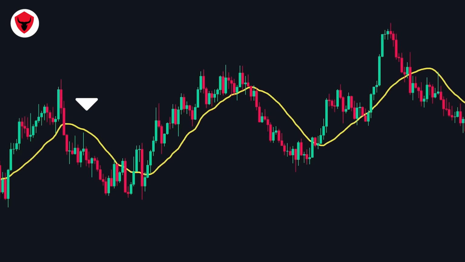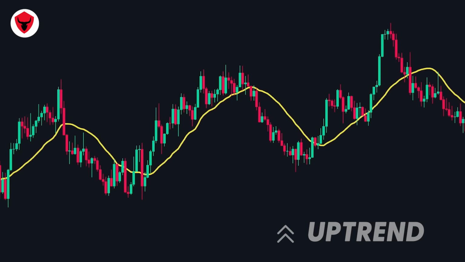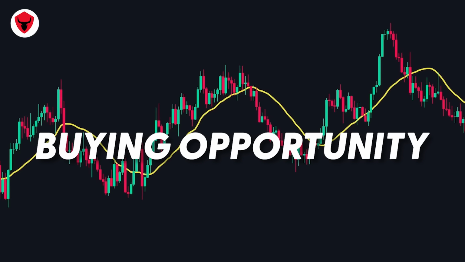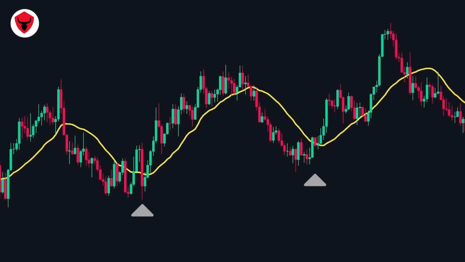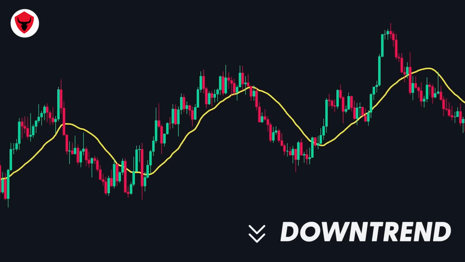If we only look at the 20-period moving average, we can see that the price was consistently higher throughout various times. This implies that the market was in an uptrend throughout these periods, highlighting prospective buying opportunities. When the price falls below the 20-period MA, it indicates a downtrend and potential selling opportunities.